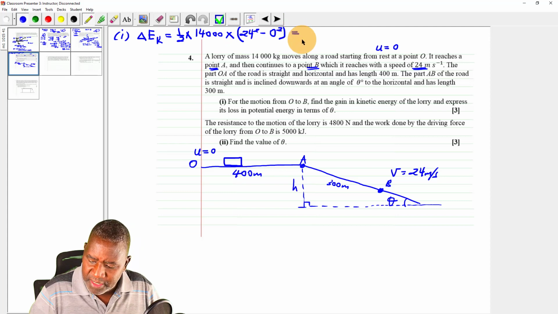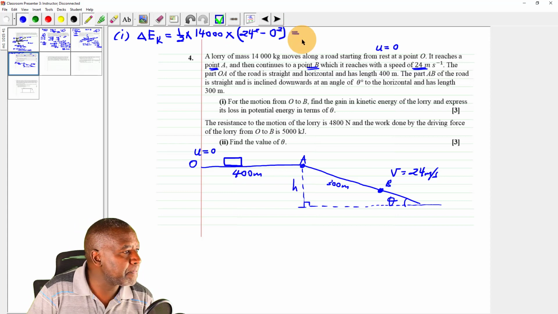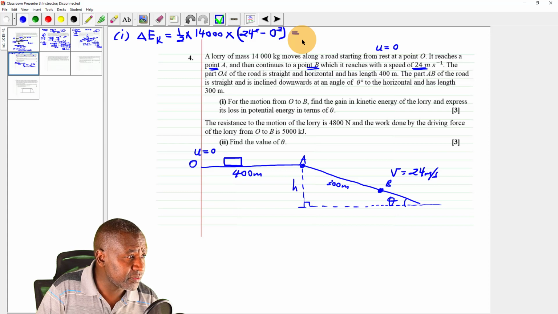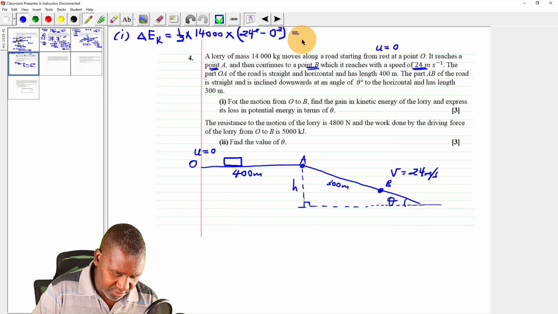That will be 24 squared times a half of 14,000, which is 7,000. So 24 squared times 7,000.